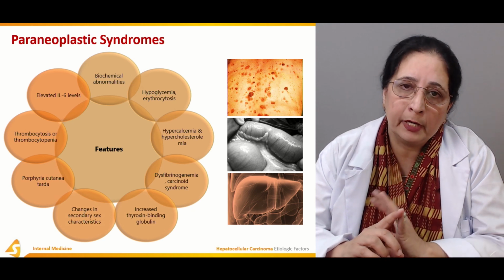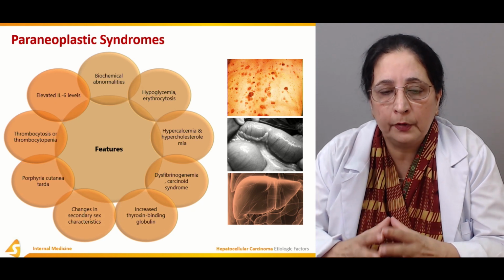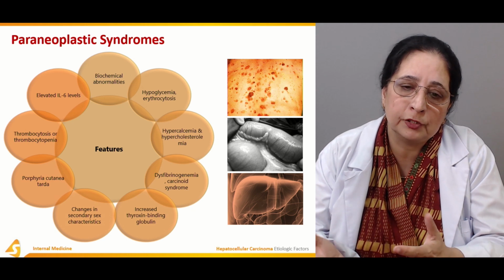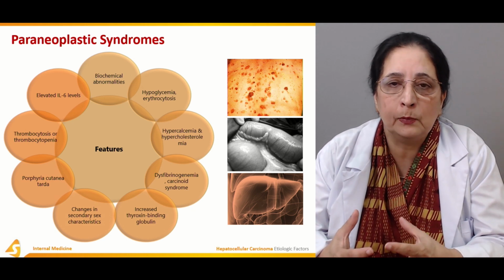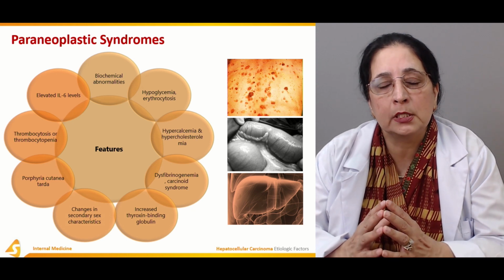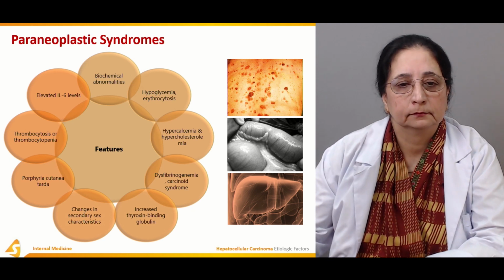So there are biochemical abnormalities, hypercalcemia, hypercholesterolemia, hypoglycemia, erythrocytosis. These are different paraneoplastic syndromes associated with hepatocellular carcinoma.